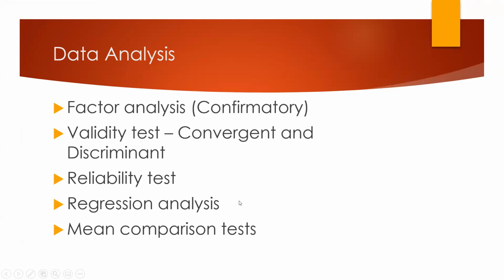And lastly, we discussed ordinal regression as well as binary logistic. And I did some mean comparison tests for your convenience. So these are the things I wanted to discuss with you regarding data analysis. And I believe that I have covered most of the important parts of your data analysis section.